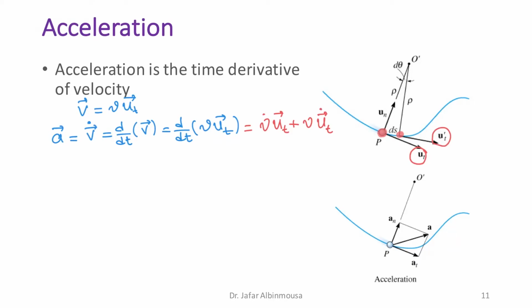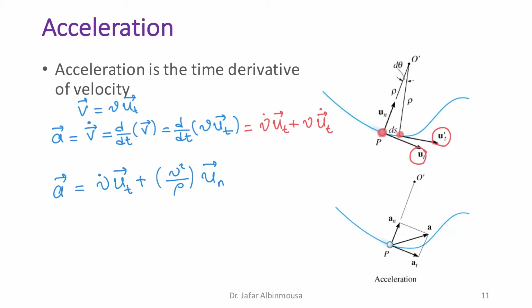Now, I know you probably haven't seen a derivative of a unit vector, but before I show you how we do the derivation, let me show you what is exactly the equation that we are going to end up with. The acceleration equation is actually going to be v dot ut plus v square over rho multiplied by un.